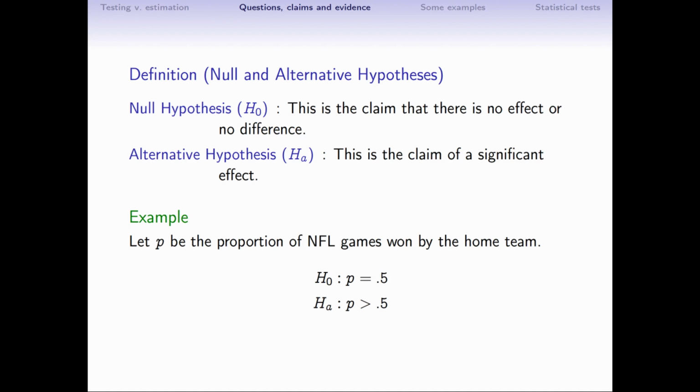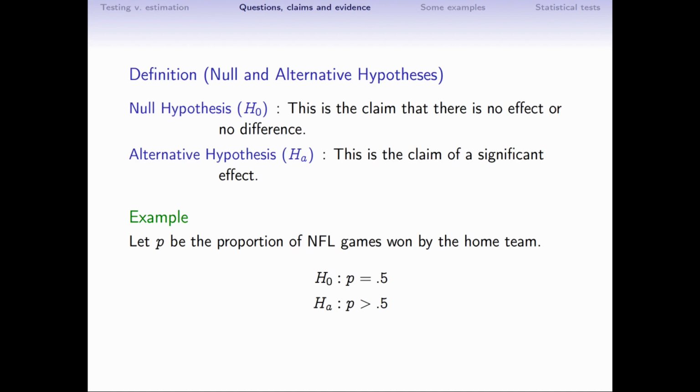Suppose that after the season has finished, we find that the home teams have won 52% of the games. That's a P hat of 0.52. As we have seen before, P hat equaling 0.52 is rather consistent with the hypothesis that P is equal to 0.5. So in this case, we would fail to reject the null, and we would conclude that there is not sufficient evidence to favor or support the alternative hypothesis.